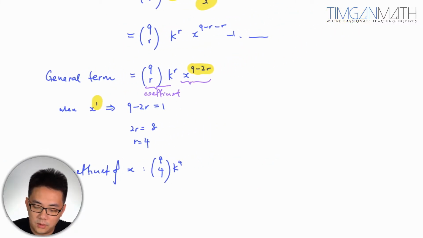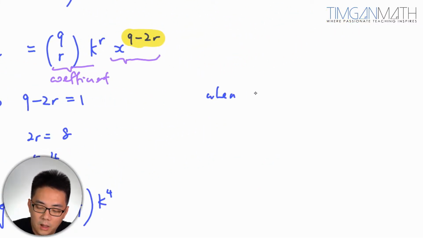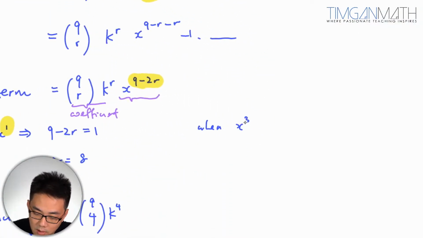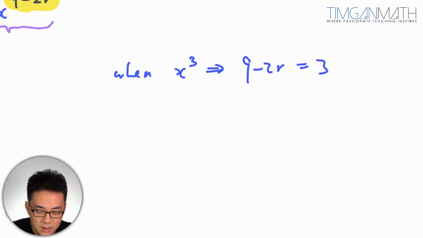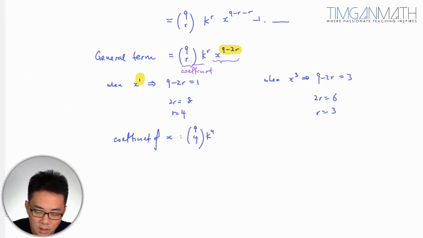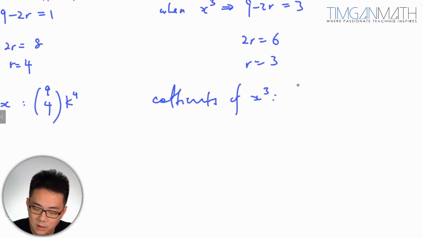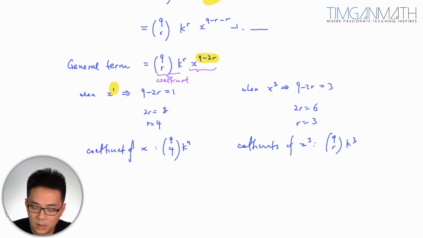When x to the power is 3, we know that 9 minus 2r equals to 3. In this case here, we will have 2r equals to 6 and r equals to 3. Great. Then the coefficient of x cubed would just be 9 choose 3 k cubed.